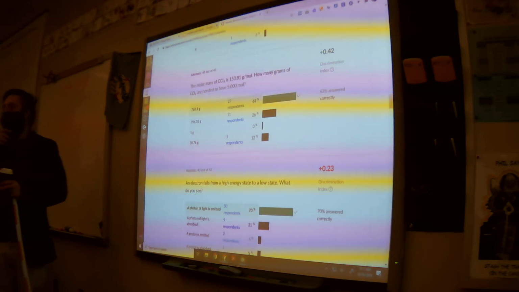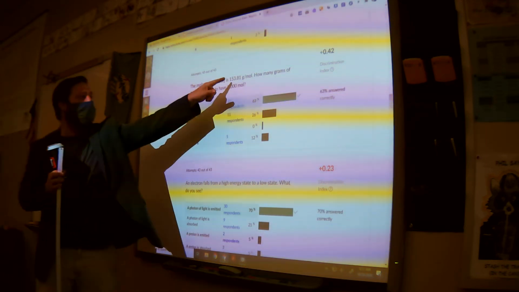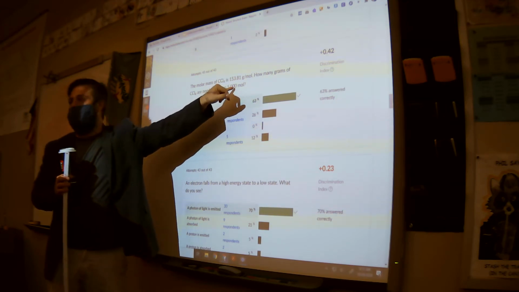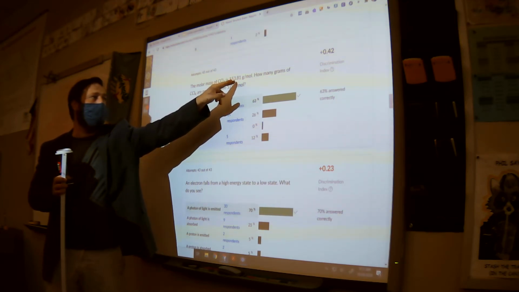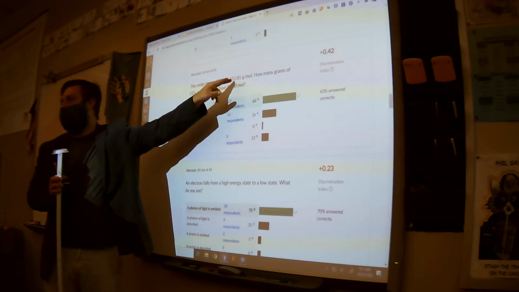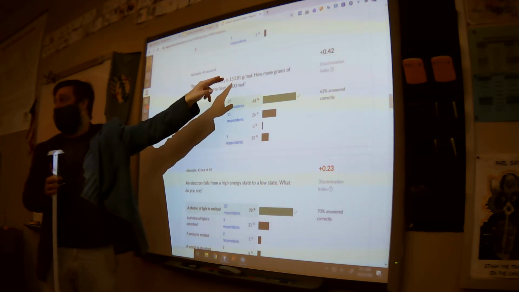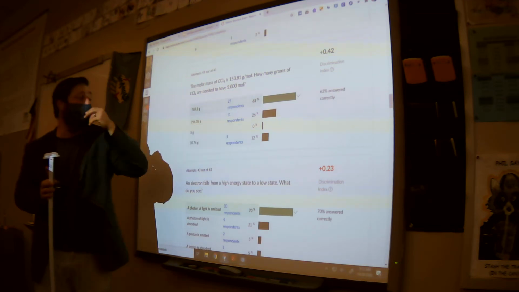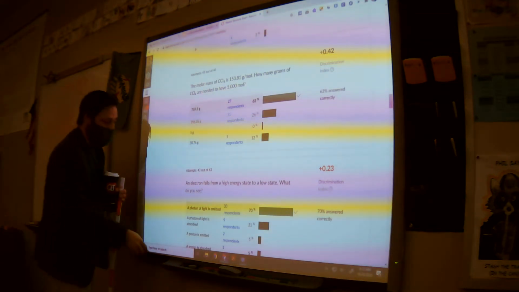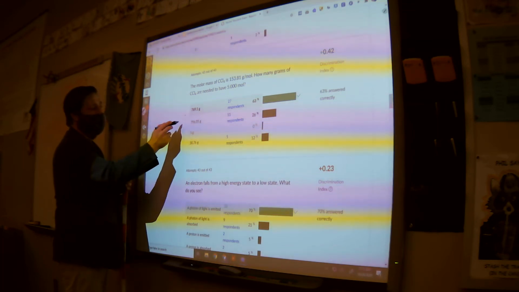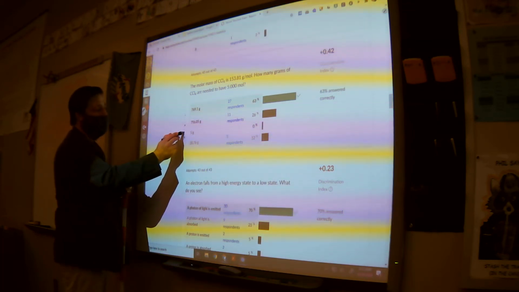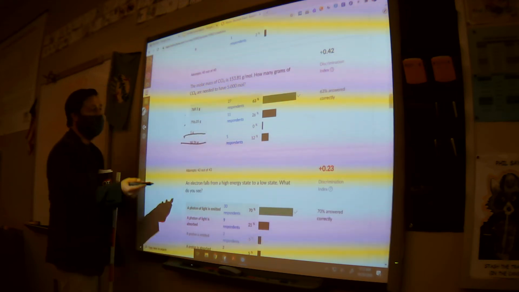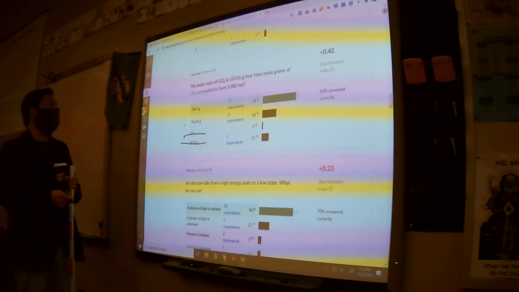Remember, this many grams is 1 mole, and we have 5 moles. So is it going to be bigger or smaller than 153? Bigger, right? Is it going to be a huge amount bigger? No, not really. So let's look at these. Maybe 5 grams? No. 30 grams? No. So we can already knock off a couple of them.